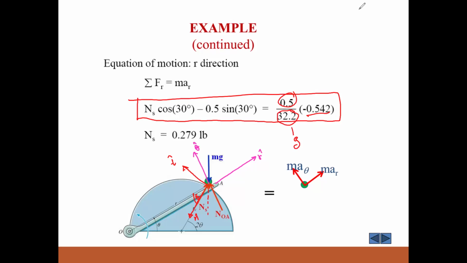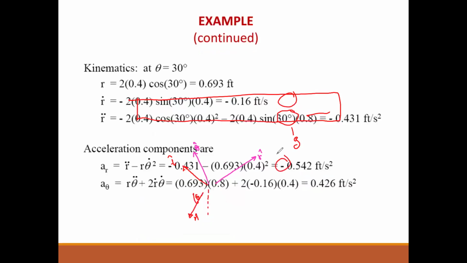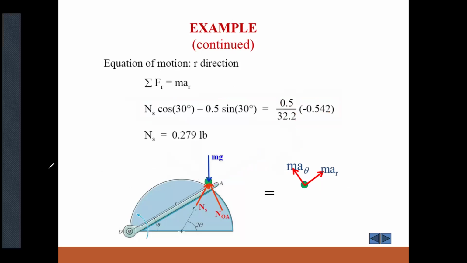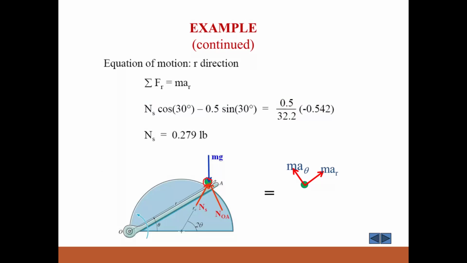The acceleration is negative because we already determined the value of the acceleration in the r direction, right? In the r direction, that is a negative value. And we substitute into the equation of motion for the r direction, and then we obtain Ns, that is 0.279 pounds. Ns is the normal force between the ball and the part, not the arm OA.